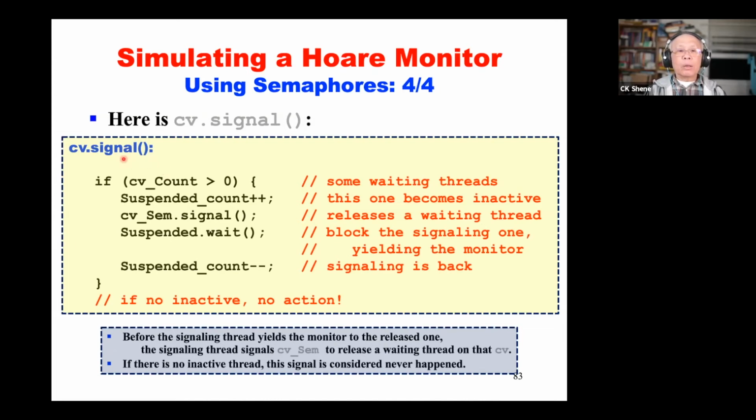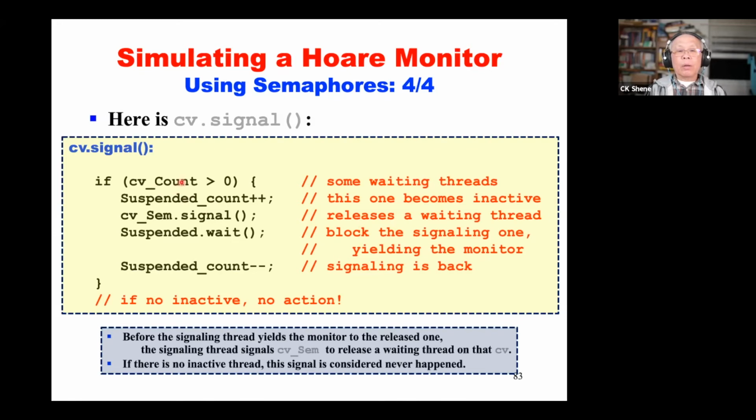So when a thread calls CV.signal, check to see, is there anyone waiting? If there's no one waiting, we just get out, no action. If there is someone waiting, why do we add 1 to the suspended count? Because this thread will block itself so that the monitor would be yielded to the released one.